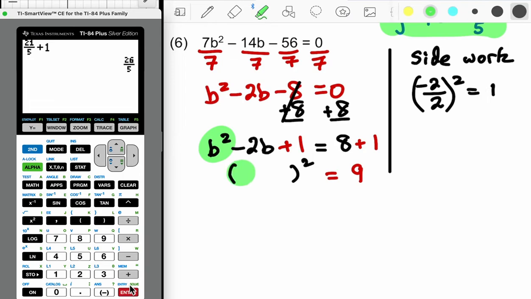So whatever the square root is of your trinomial, the leading term and the constant term, b and 1, that goes right into the binomial. You just bring along for the ride the sign of the middle term. All right. Then you go ahead and take the square root of both sides.